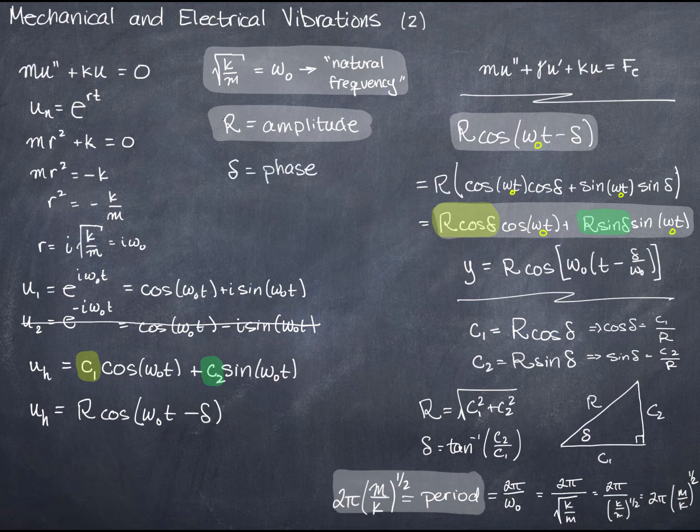Now, I think that's a little bit misleading because I think of a phase shift as being how far you have to move a graph to the left or right, right? And that's indicated in part by delta, but the actual shift, remember, has to be computed this way. But we do call delta the phase, or sometimes the phase angle.